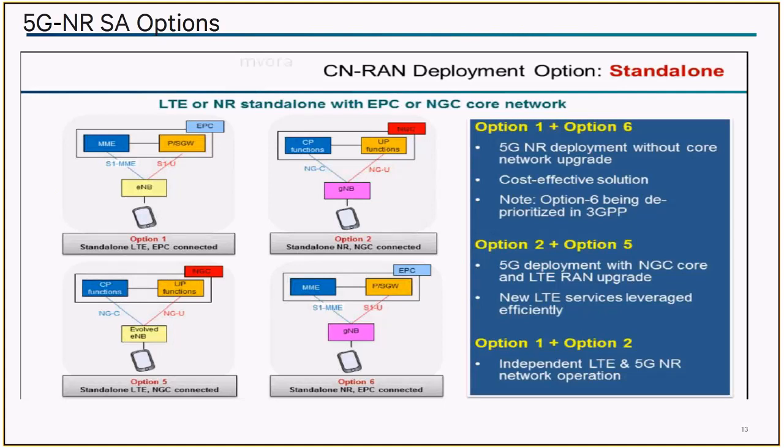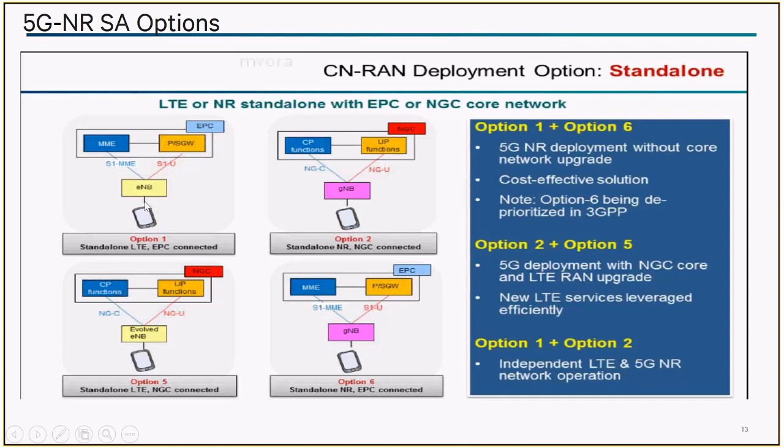Or in case of option 6, you can use the old LTE core, but a new G-Node B, which actually works with a 5G supporting only device, again, which doesn't have any back support of LTE, WCDMA or GSM. The other configuration is you use the existing infrastructure, just upgrade the eNode B to support 5G NR physical layer and deploy option 1 configuration.